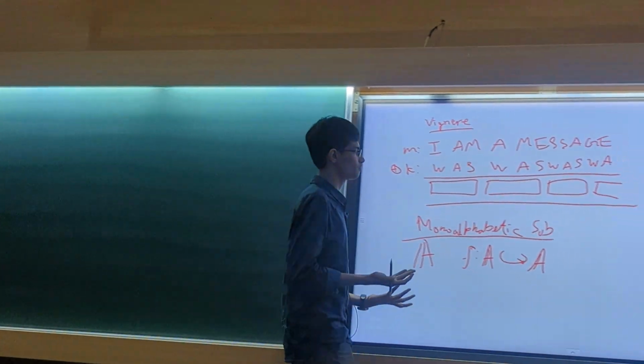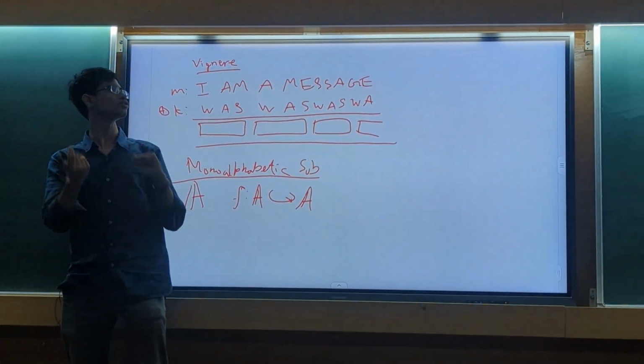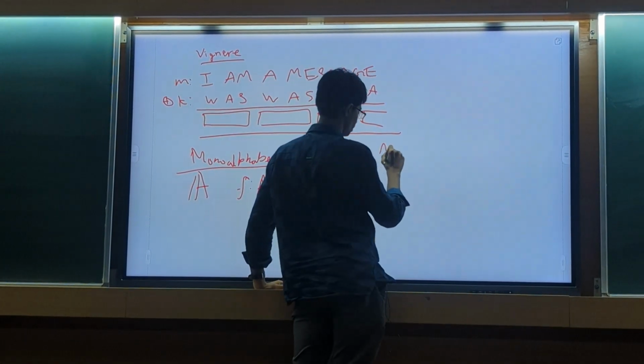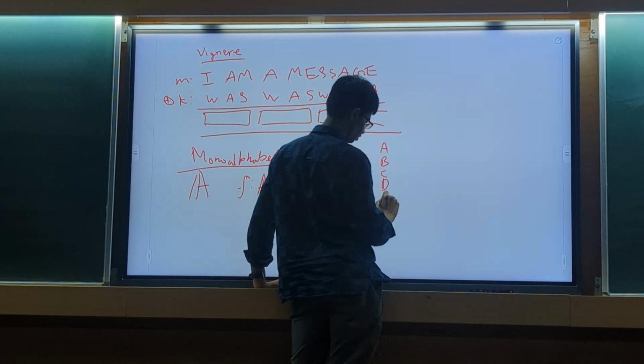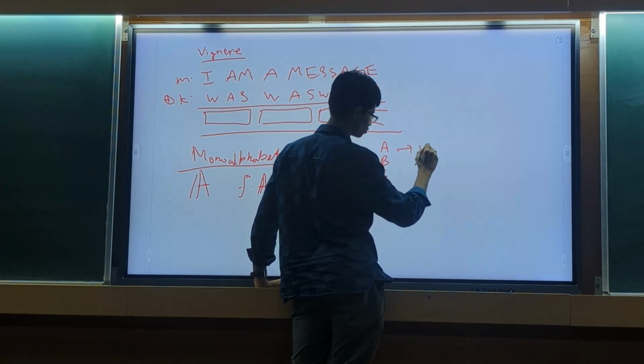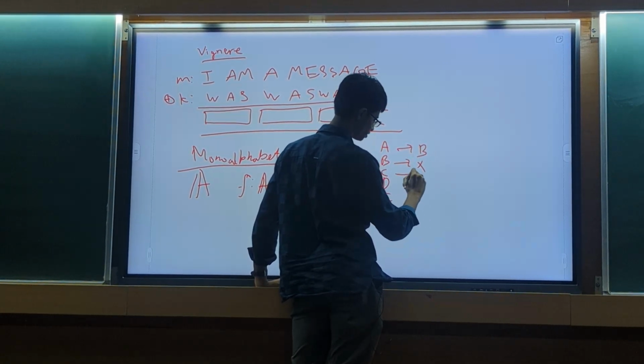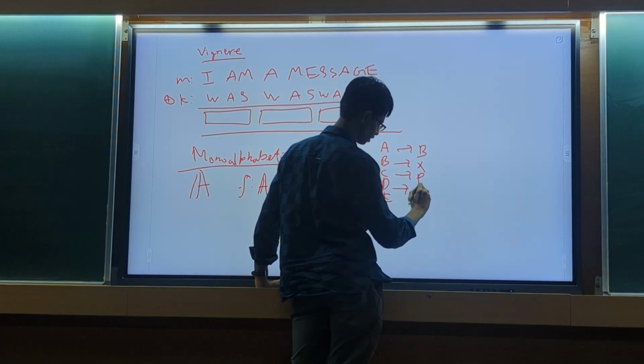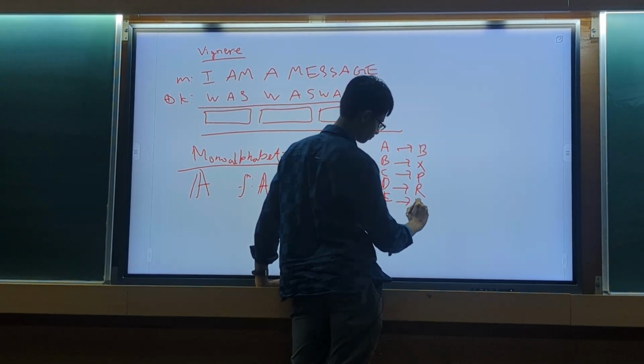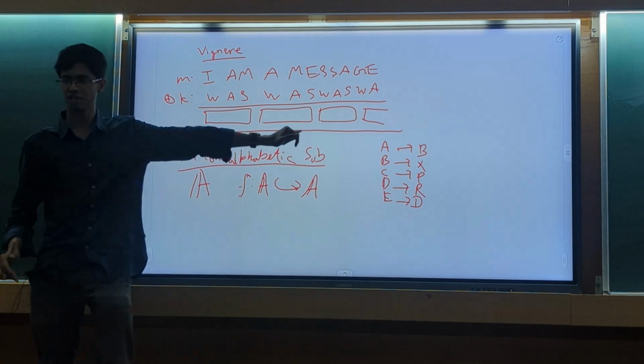Say I'll write the first 5 rows of it. Say A goes to B, B goes to X, C goes to D, D goes to R, E goes to D. So you have some permutation like this, right?